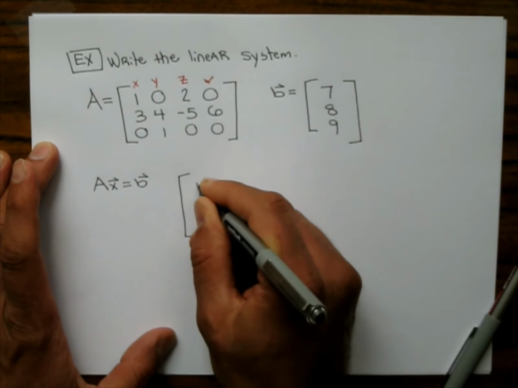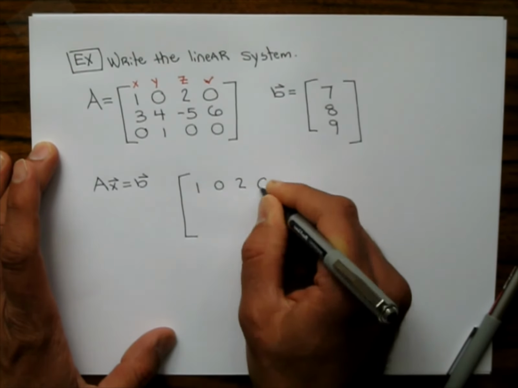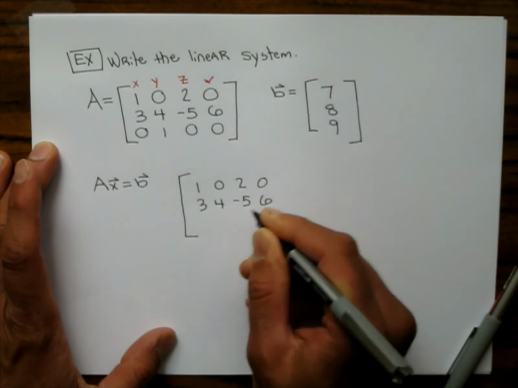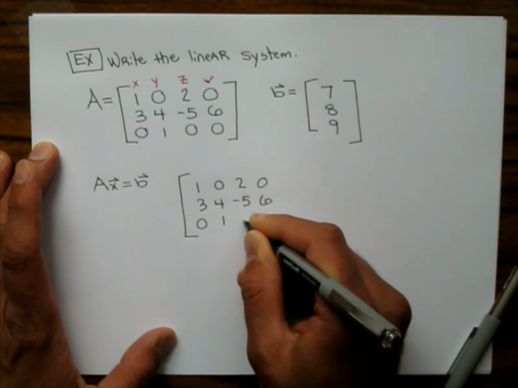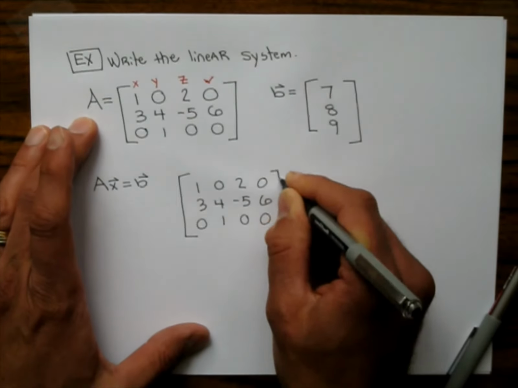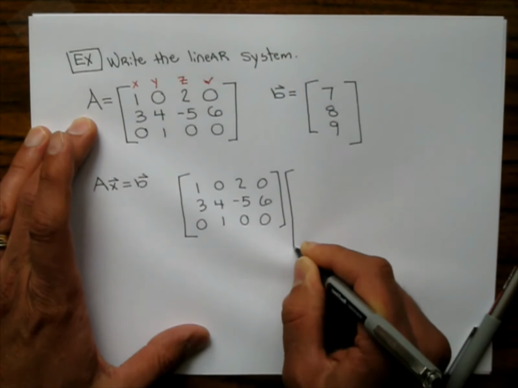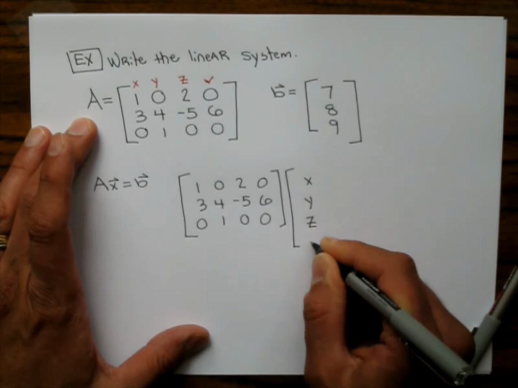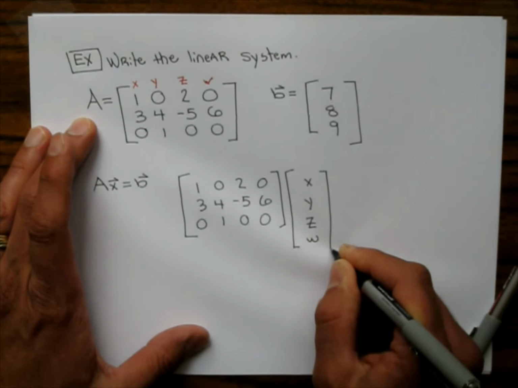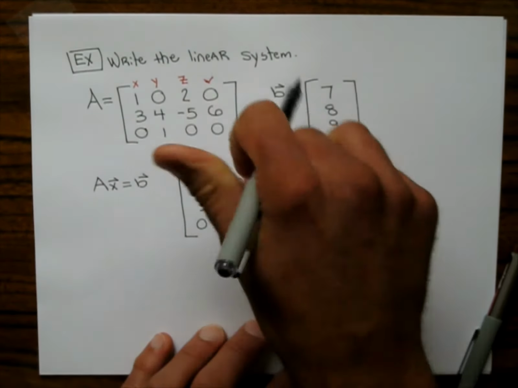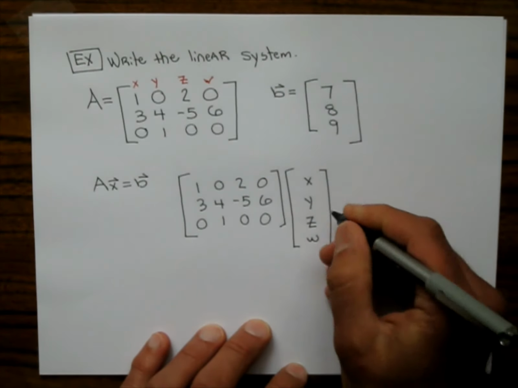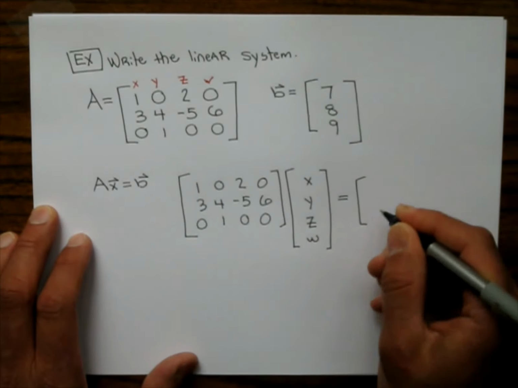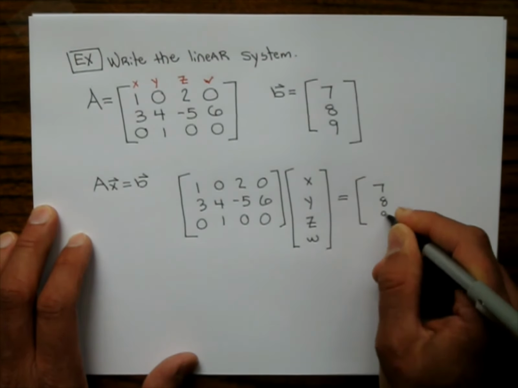This is 1, 0, 2, 0, 3, 4, -5, 6, 0, 1, 0, 0. And so here are the variables, X, Y, Z, W. If you'd like to put the W first, then don't switch it around within the problem, just be consistent about that. And this equals B, which is 7, 8, 9.